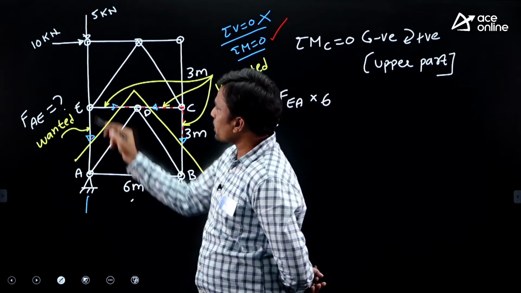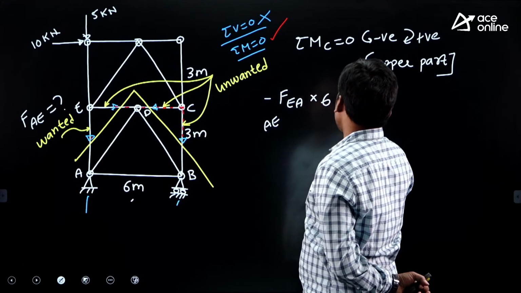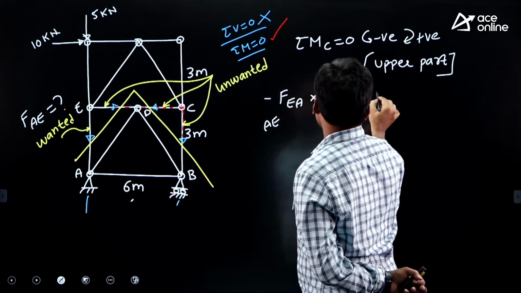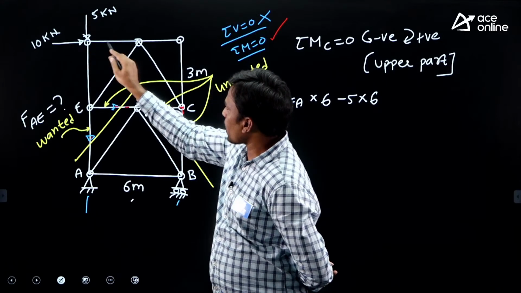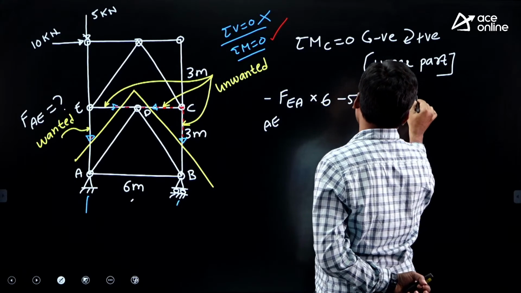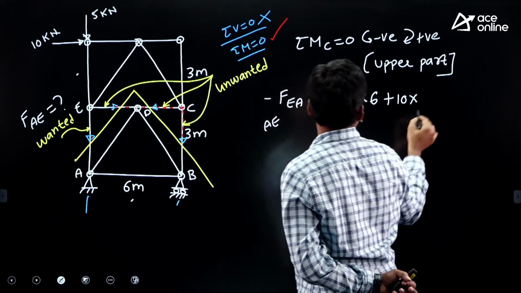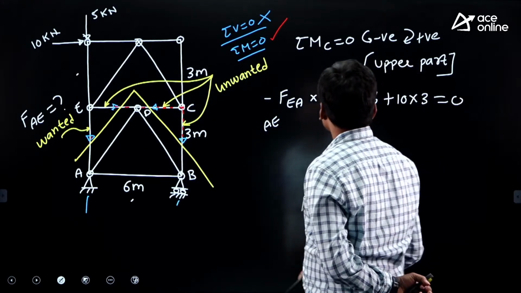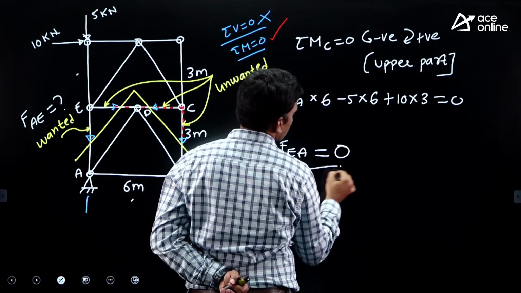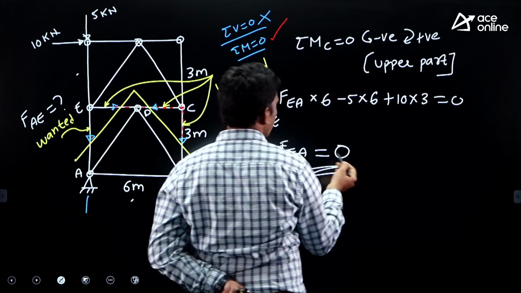Then in the upper part, this 5 is clockwise or anti-clockwise towards C? This is anti-clockwise, minus 5 into the perpendicular distance from here to here, which is 6. Then there is a 10, clockwise or anti-clockwise toward joint C? This is clockwise, plus 10 into the perpendicular distance from here to C, which is 3 meter. Then equals to 0. Then what is the force in member EA, students? It is 0. So minus 30 plus 30, you will get 0 only.